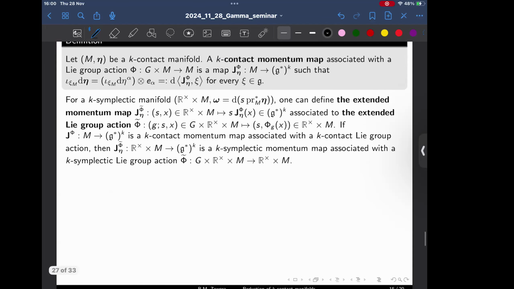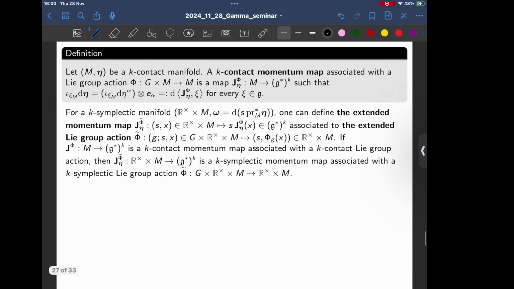So now we can move from the k-contact setting to the k-symplectic setting. So we consider this manifold, and this is a k-symplectic manifold.